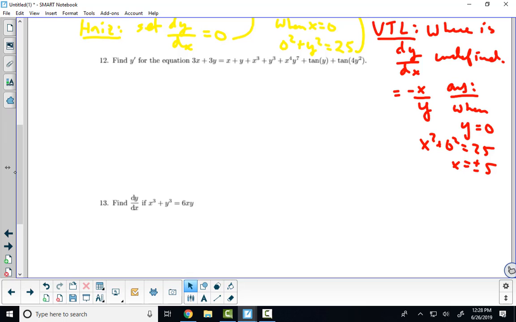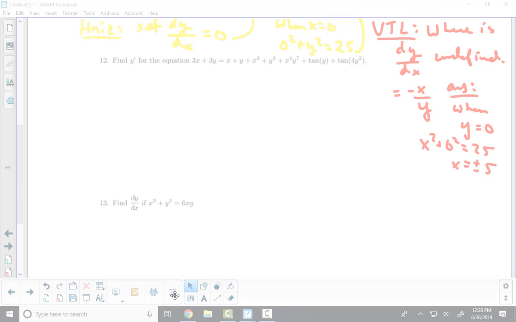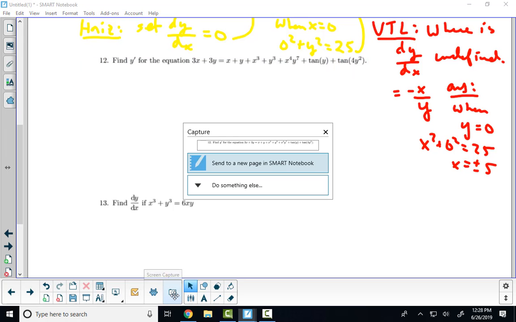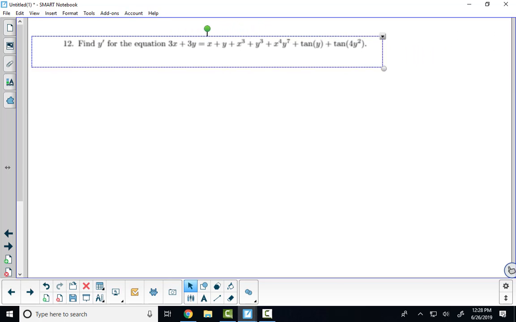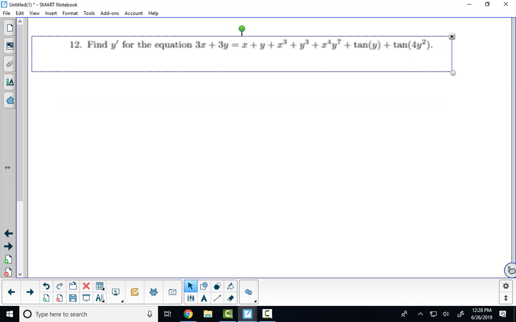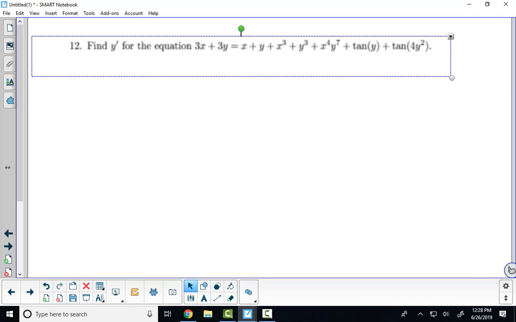Since I'm running out of room here, let's put this on another page. Hopefully you have that page in front of you.